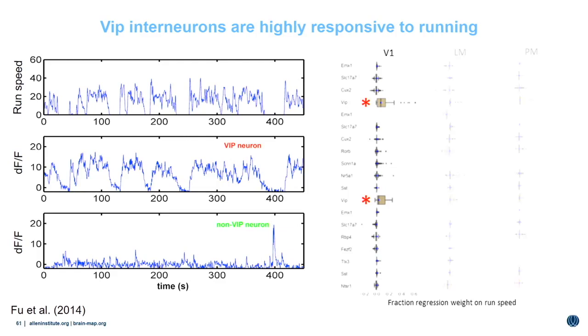Interestingly, we found that when we looked outside of V1 in higher visual areas, this effect went away, and in fact, none of the cell types, including the VIP cells, were well predicted by the running speed of the animal.